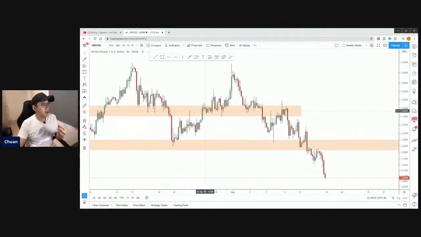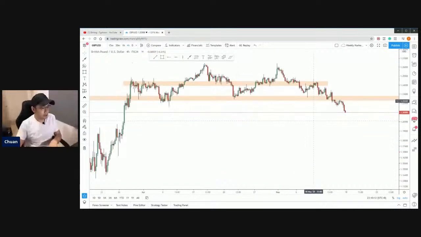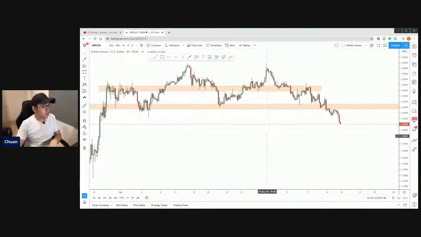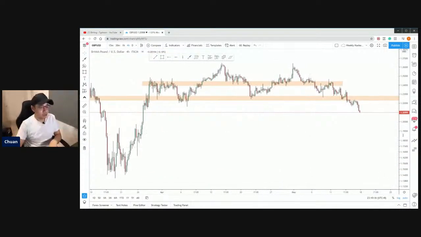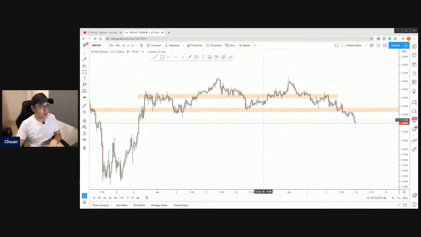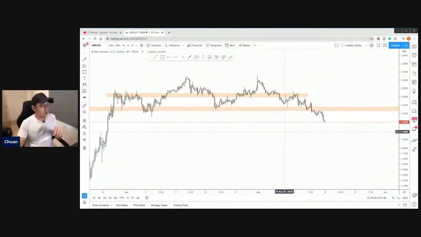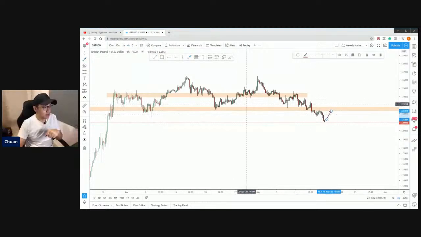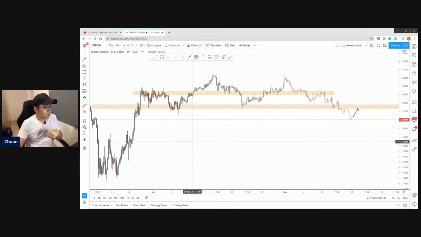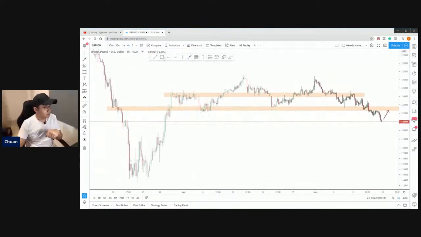we can find our entry on a lower time frame like H4 or even H1, based on the nearest SNR level as well. So let's say this is the pound dollar chart. This week, I'll be waiting for the market to do a pullback here, and I will be targeting the next level here, about here.